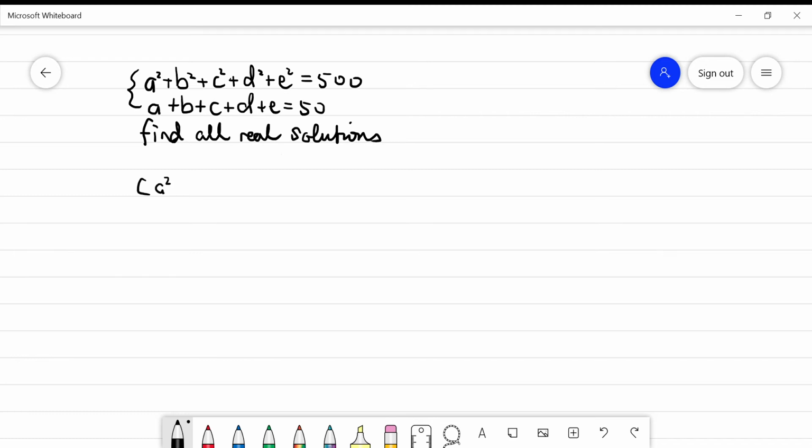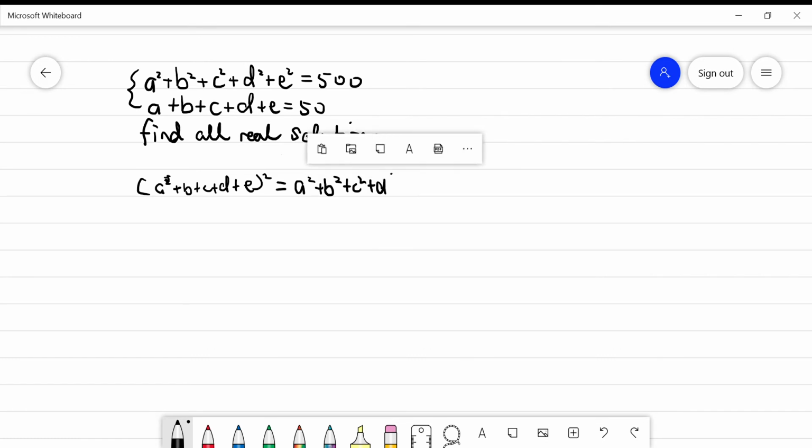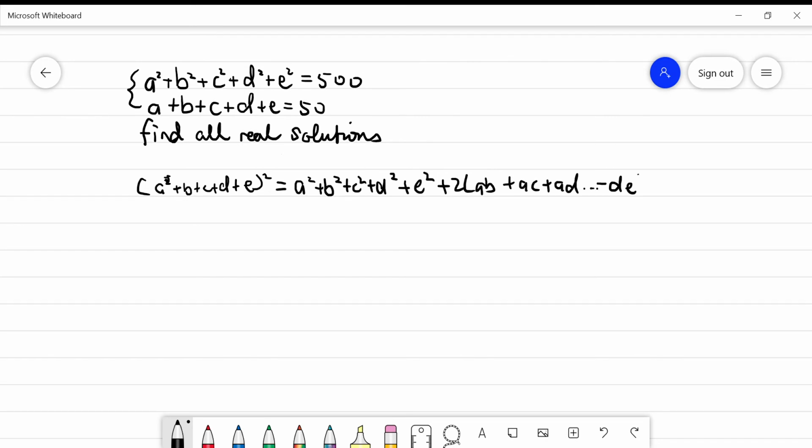So (a plus b plus c plus d plus e) squared equals a squared plus b squared plus c squared plus d squared plus e squared plus 2 times (ab plus ac plus ad, and all possible pairs, plus de), which equals 50 squared equals 2500.